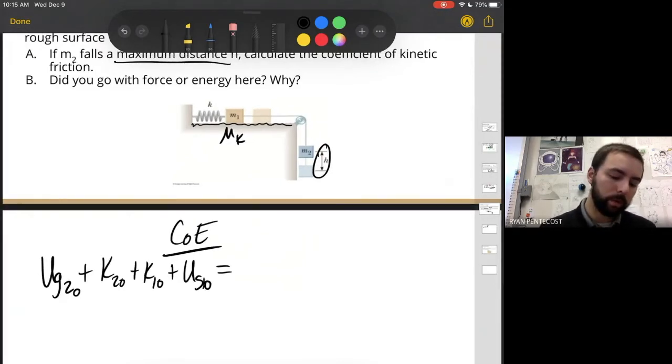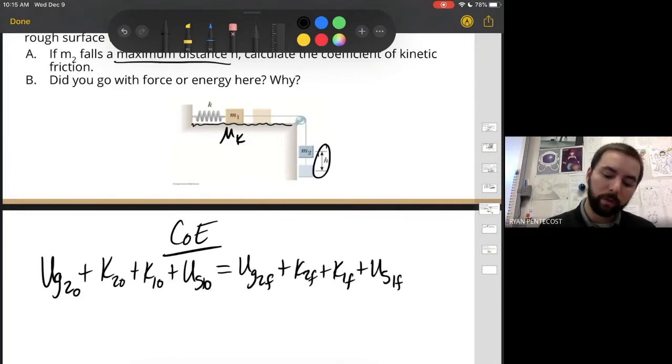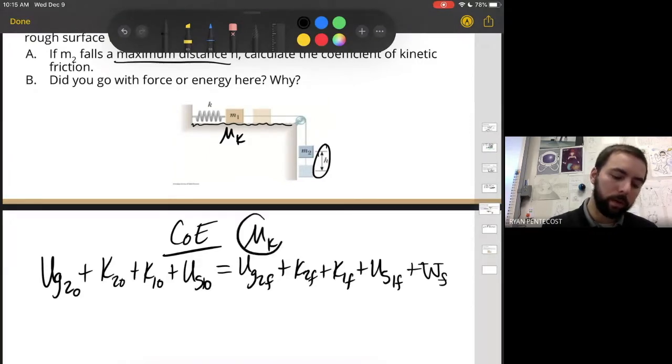I should put a 1 there. Then you've got UG2 final plus K2 final plus K1 final plus the final spring potential for the block 1 and any work taken out by friction. And remember, we want mu k. So this is the guy we're shooting for.